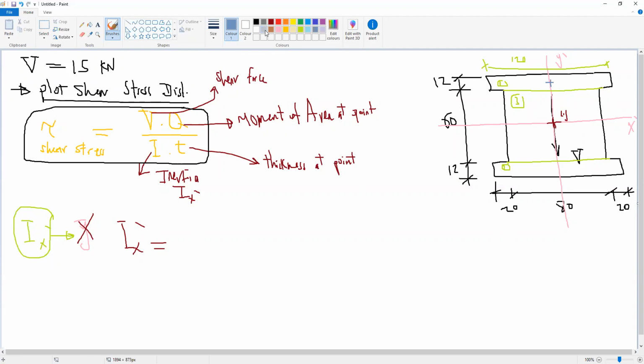So the inertia for area 1 will be the parallel to x, which is 120, multiplied by the normal to x, which is 12 to the power 3, divided by 12, plus the area 120 multiplied by 12, multiplied by the distance from the centroid of area 1 to the centroid of the whole section, which will be y1.